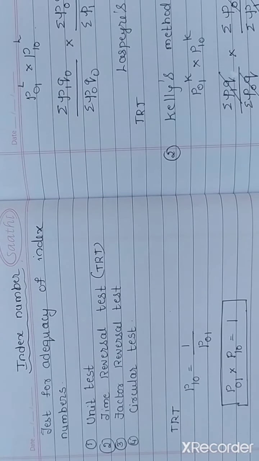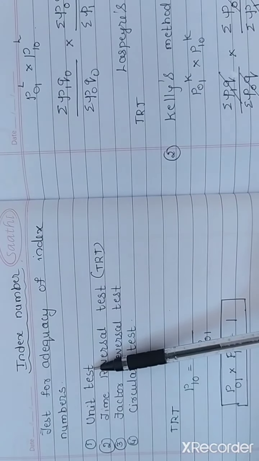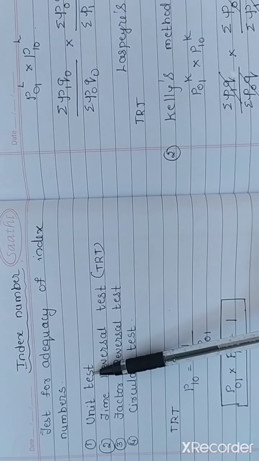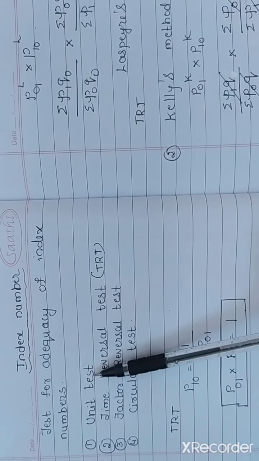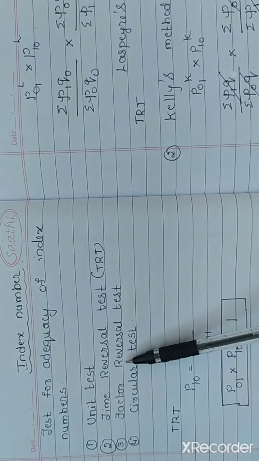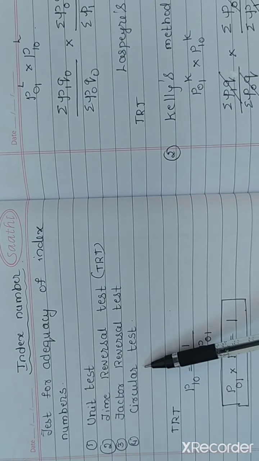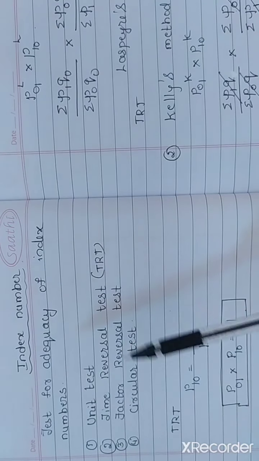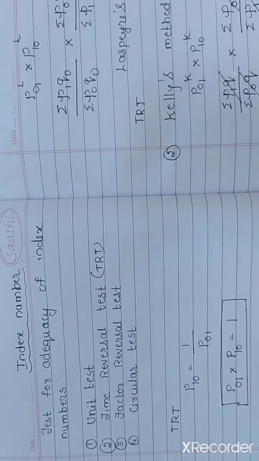Here we consider that a particular formula or index number is more consistent if it satisfies the following tests. First one, unit test, time reversal test, factor reversal test and circular test. So we'll consider them one by one.